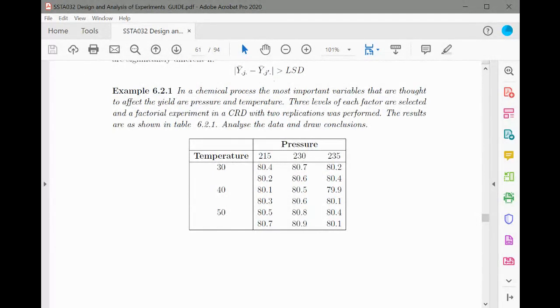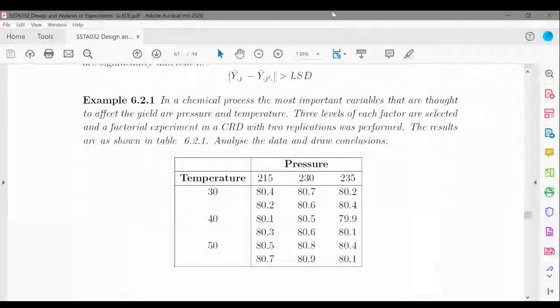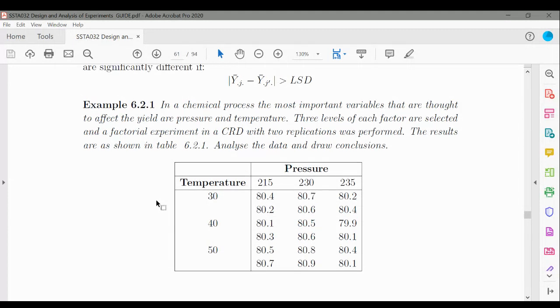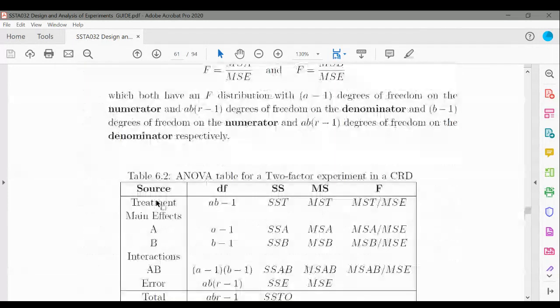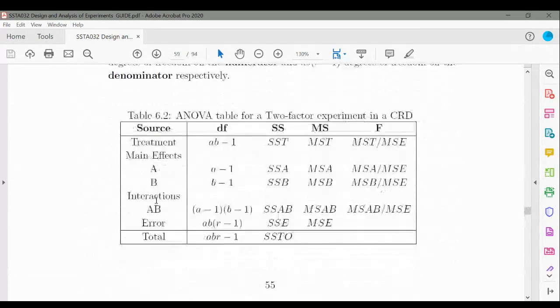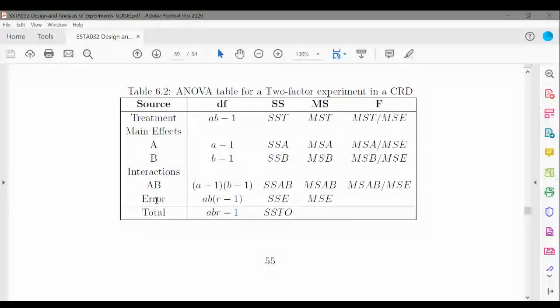So for the interactions, what will be the degrees of freedom?